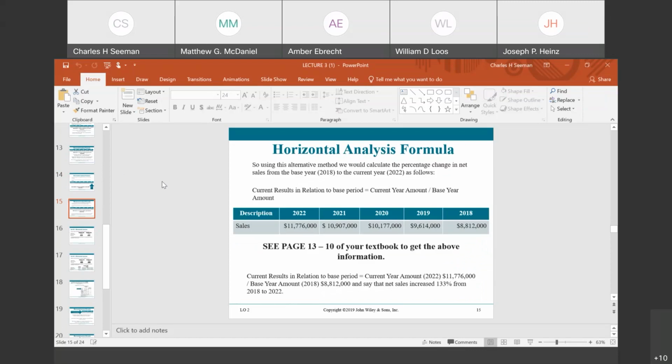So if you're doing 2022, base year would be 2018, and you use those numbers and divide. And in this case, net sales increased by 133%. And it's called horizontal because you're going horizontal.